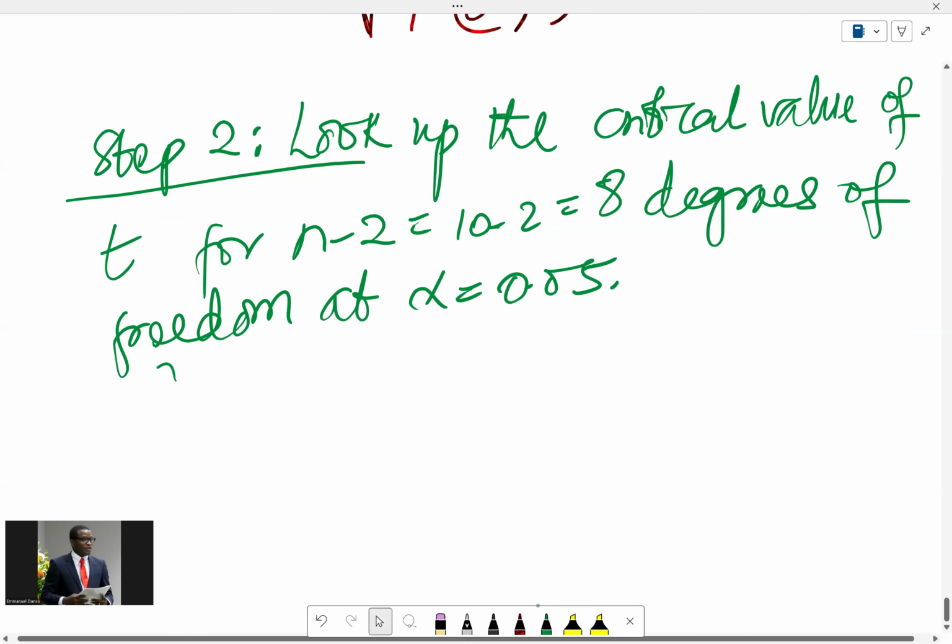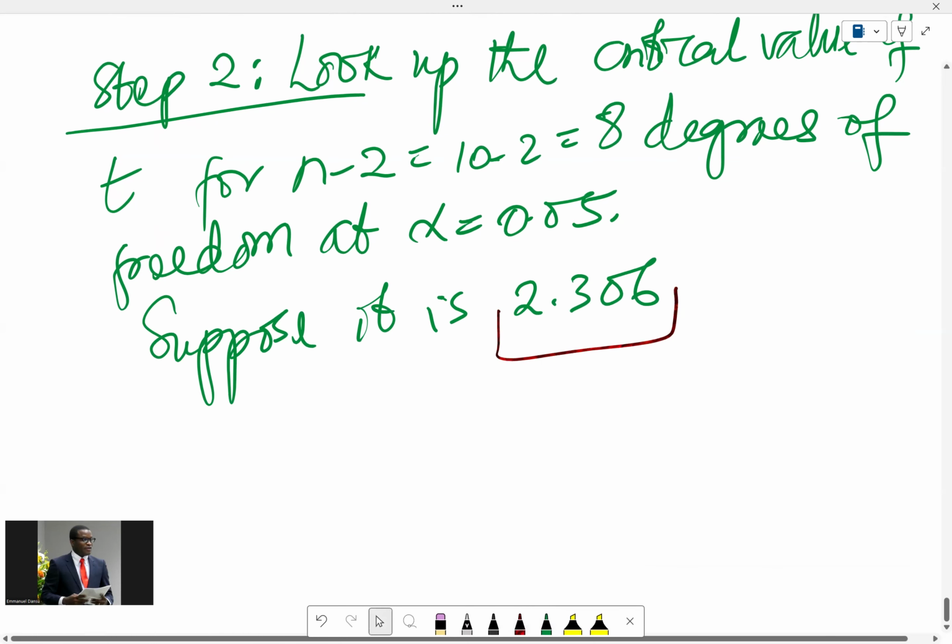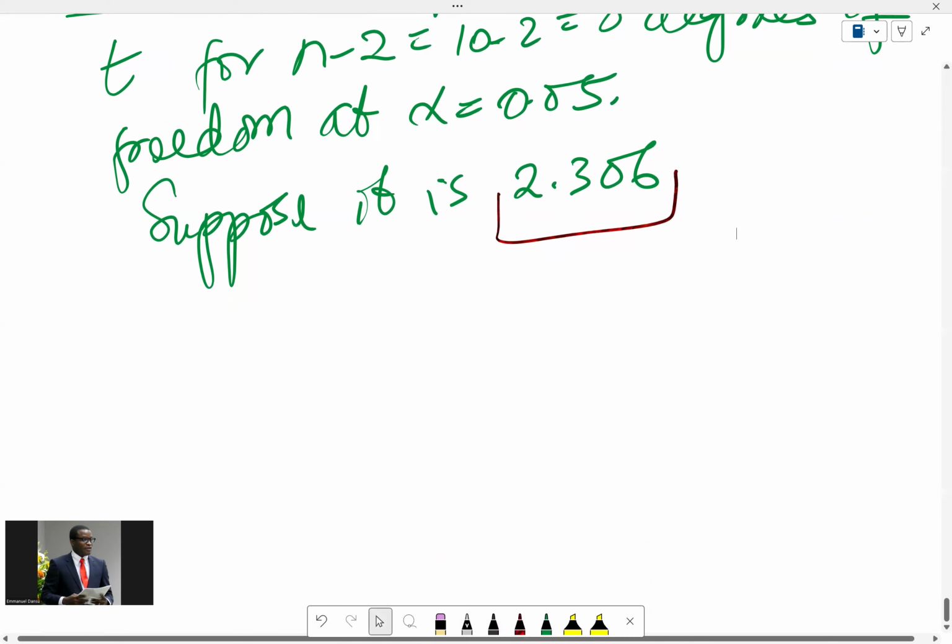Let's take that value to be 2.306. Of course, check your own table and be sure whatever it is. Whatever happens, the decision rule is what matters at the end of the day. So be sure you get the correct value in your situation.